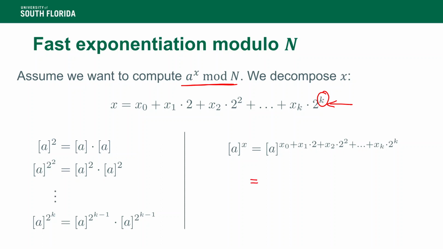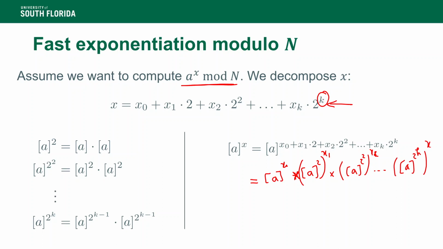And we can say, well, this is a to the x0, remember x0 is either 0 or 1, times a to the 2 to the x1, where x1 is 0 or 1, times a to the 2 squared to the x2, and then multiply ultimately by a to the 2 to the k to the xk.